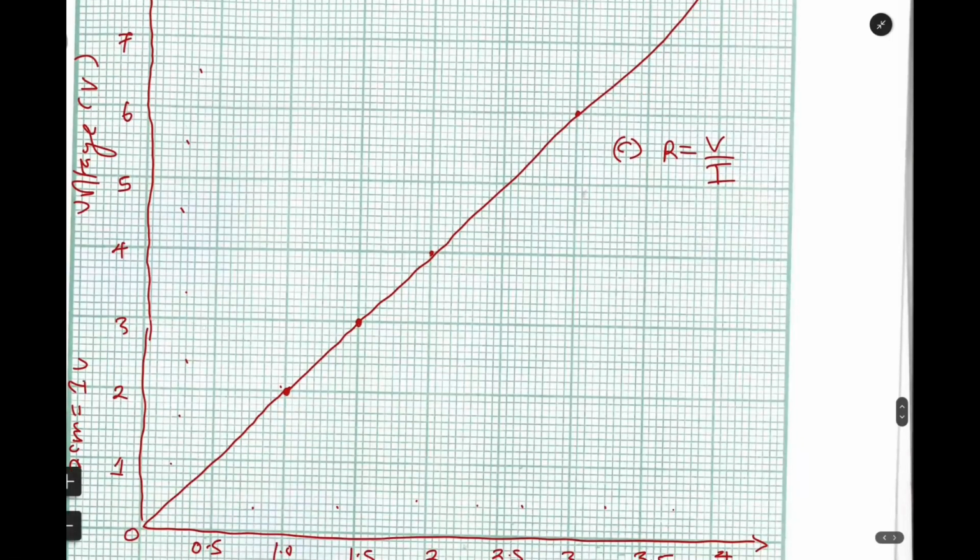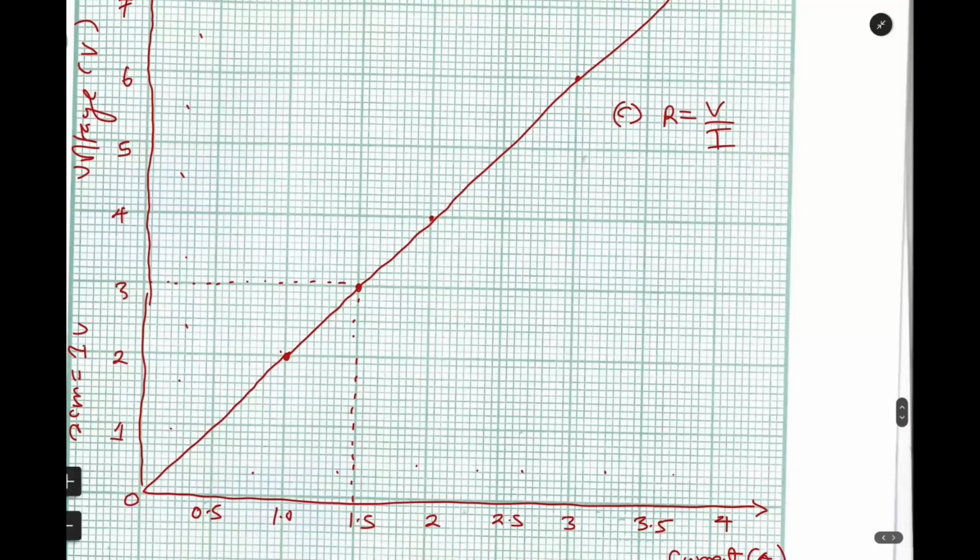So I'm going to pick one of the points. Here I can pick this and that. So I've picked voltage as 3 volts and current as 1.5 amps, and this is going to give me 2 ohms.